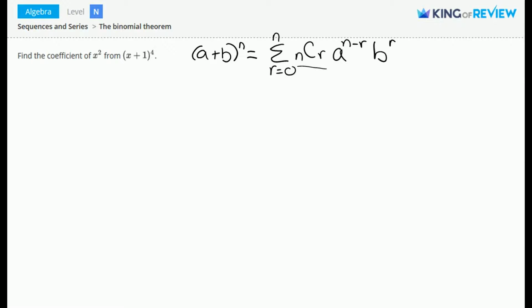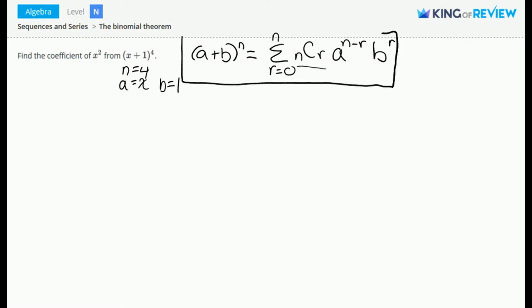So for our problem here, n is going to be equal to 4, a is equal to x, and b is equal to 1. I'm getting these values from just looking at our binomial theorem here. And so I'm going to apply these values to this theorem.